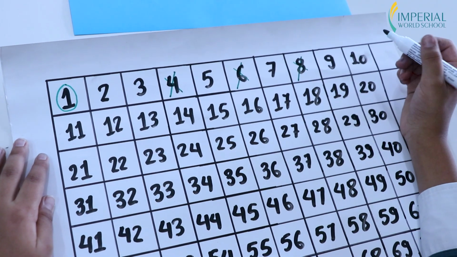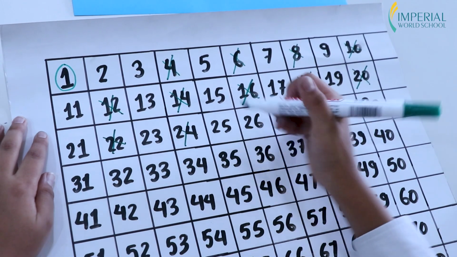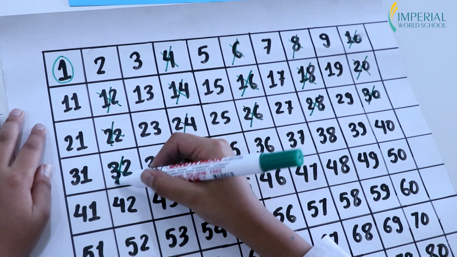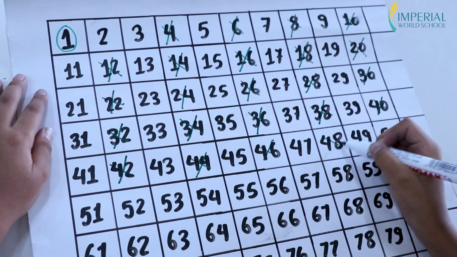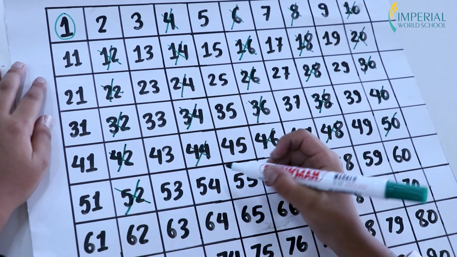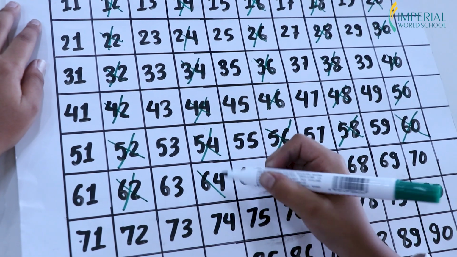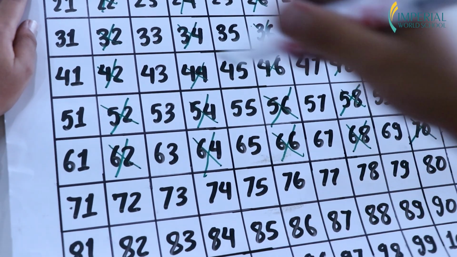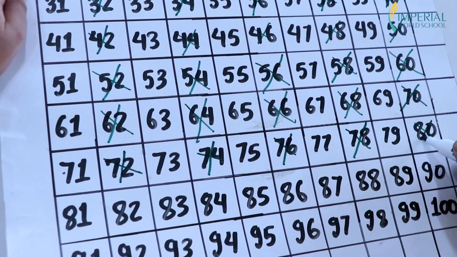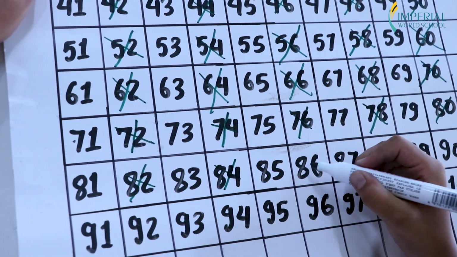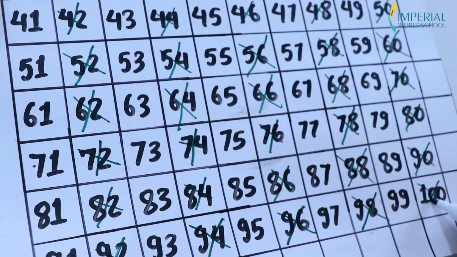8, 12, 16, 20, 24, 28, 32, 36, 40, 44, 48, 52, 56, 60, 64, 68, 72, 76, 80, 84, 88, 92, 96, and 100.